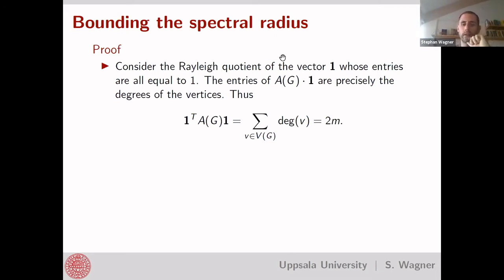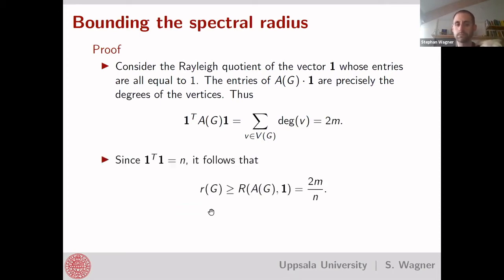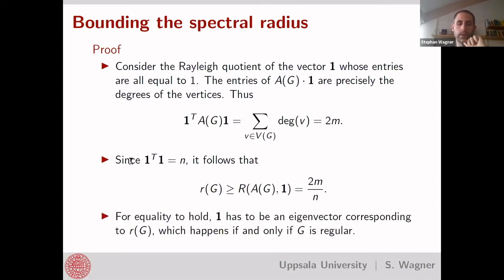So the entries in this product are simply the degrees of the vertices. And if you multiply by the ones vector from the left, you're just adding all the degrees. The sum of the degrees is twice the number of edges. And in the denominator, you've just got n, because you get 1 plus 1 plus 1, n times, and that gives you the lower bound on the Rayleigh quotient. For equality to hold, this ones vector needs to be an eigenvector, and that happens precisely when the graph is regular.